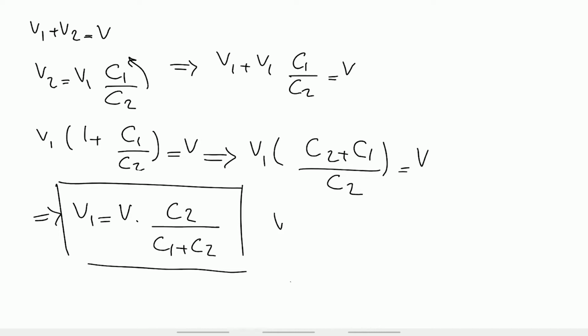And for V2, we have V times C1 over C1 plus C2.